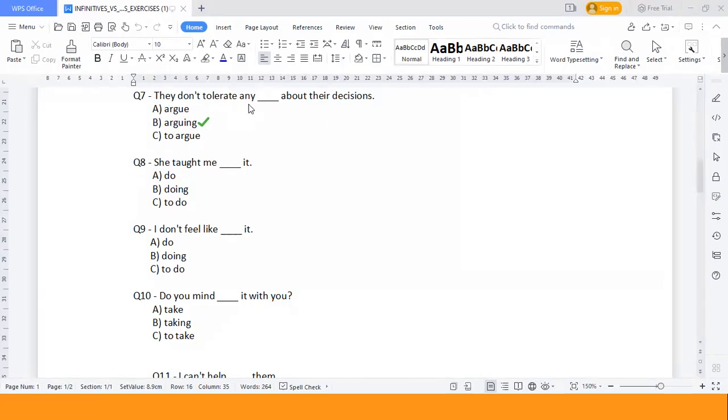How would you translate it? Ellos no toleran ningún argumento sobre esas decisiones. Ninguna pelea, queja, en realidad, ninguna discusión.